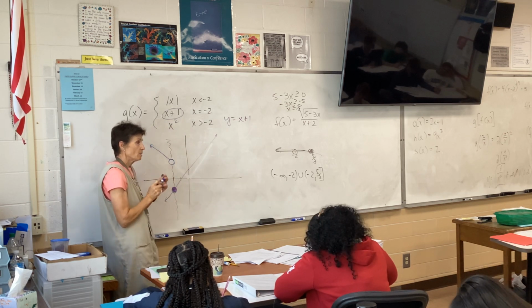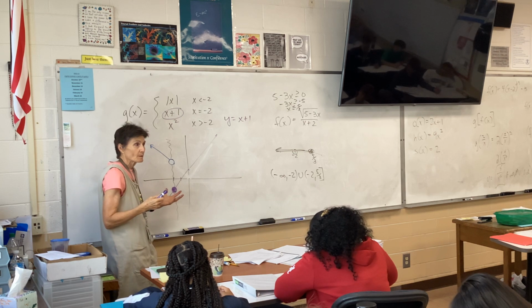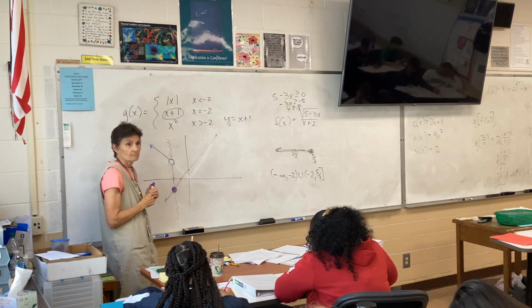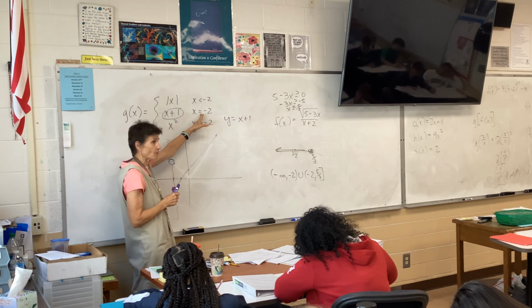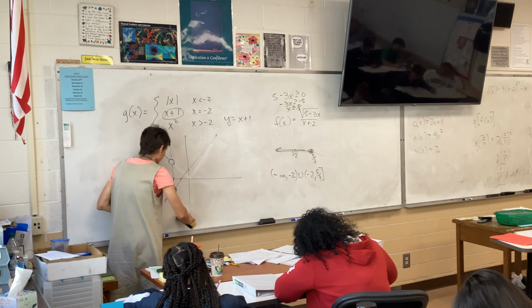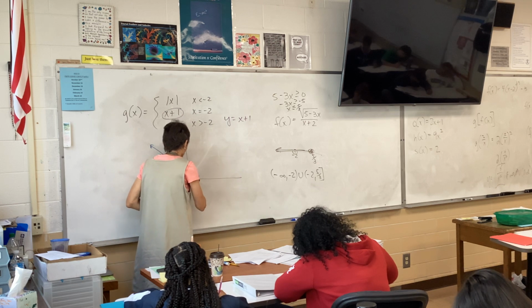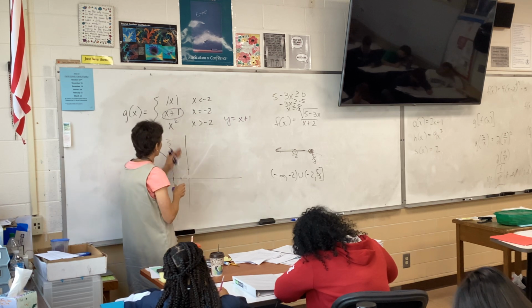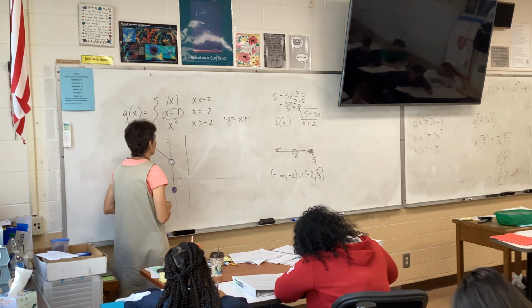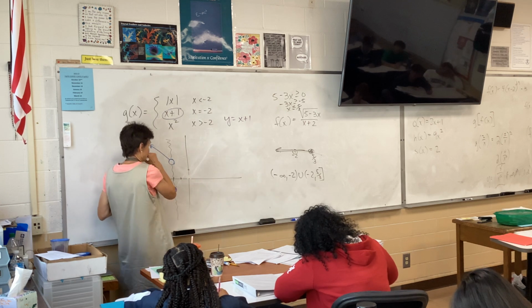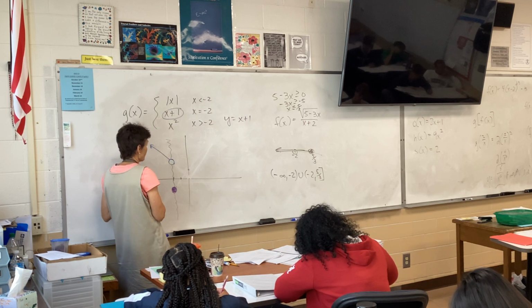And what do I keep? Only the dot. It doesn't say less than or greater than, it says equals. So only the dot gets kept. All right, what's the third part? That's a parabola.